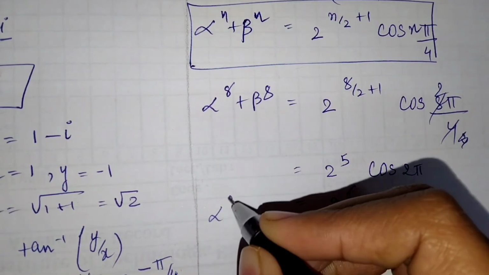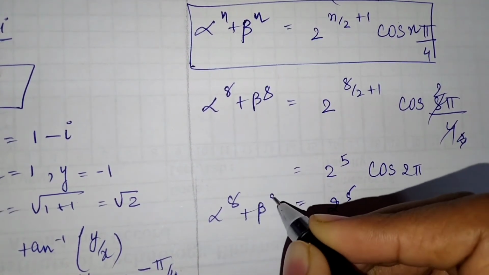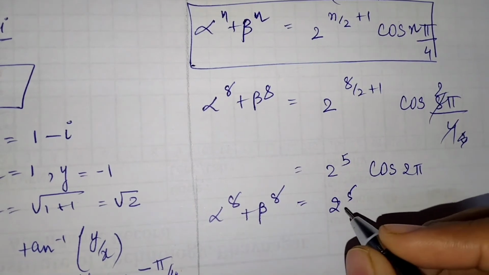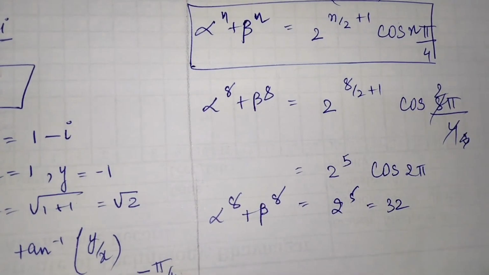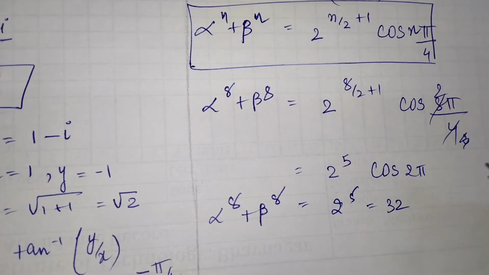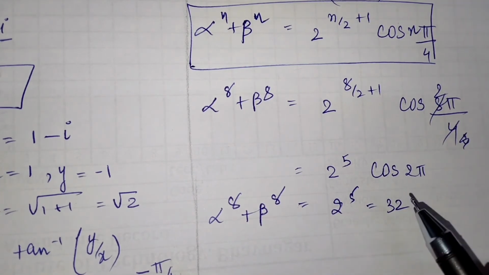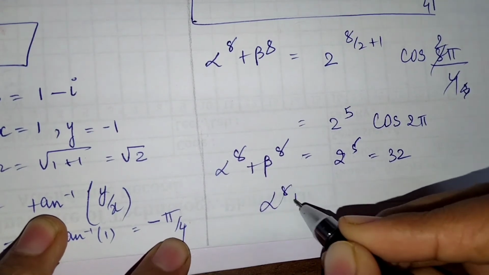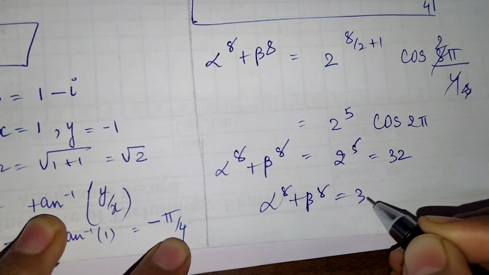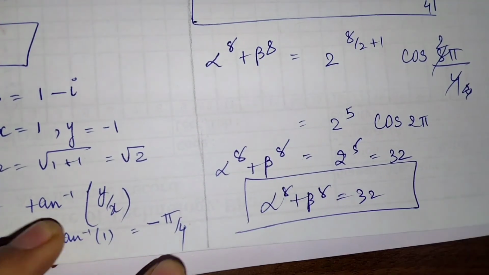So we got alpha raised to 8 plus beta raised to 8 equal to 2 raised to 5, that is 32, because the value of cos 2 pi is 1. And hence we got alpha raised to 8 plus beta raised to 8 equal to 32.